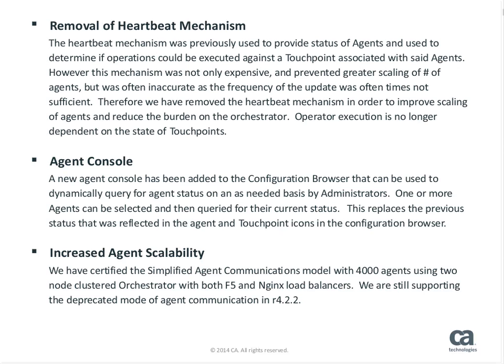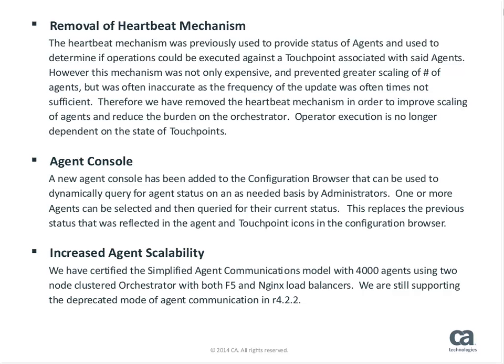In all previous releases of PAM, if you deployed agents, there was a heartbeat that the agent would send out to essentially let the orchestrator or the domain orchestrator know that it was available. The orchestrator would process those heartbeats and use that to update the configuration status, whether the agent was up or down in the configuration browser.